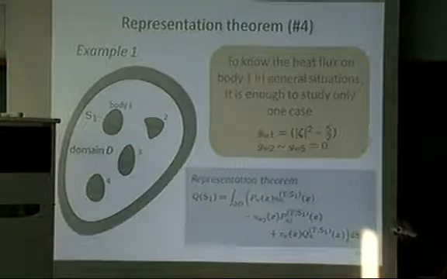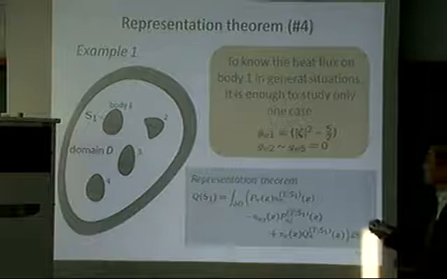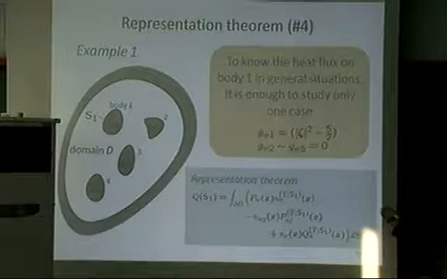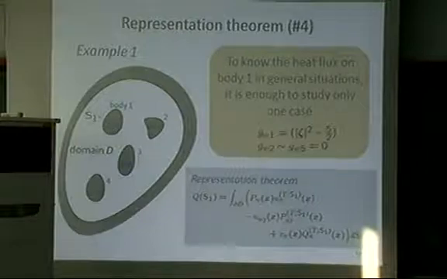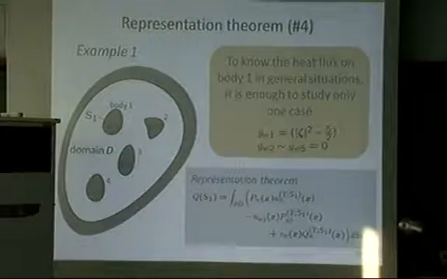Such a situation may occur in a general situation. In that case, a general situation means this boundary may move, and the temperature distribution is of any type.